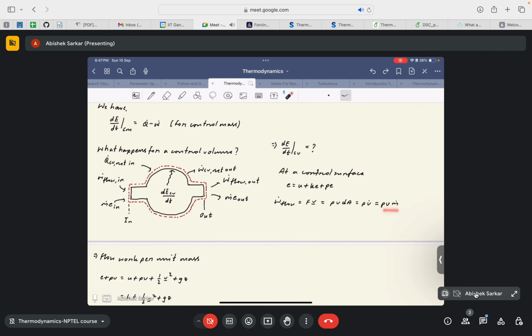Okay, so how it is derived, I won't go through it, but it is advisable that if you have any doubt, just go to the lectures by Professor Anand to know how this happens. It's very simple actually. The net rate of work done is given by force into velocity. So we can dissociate force into P into A, that is pressure into the area.